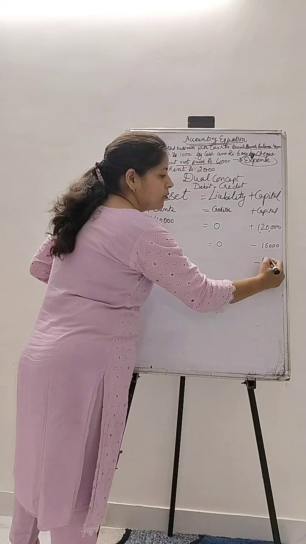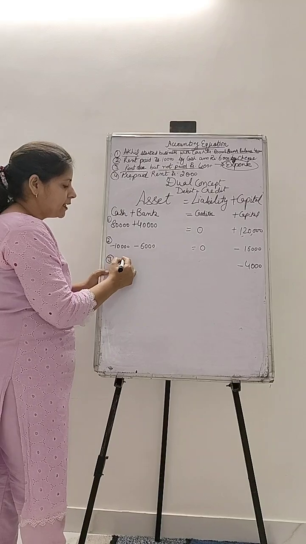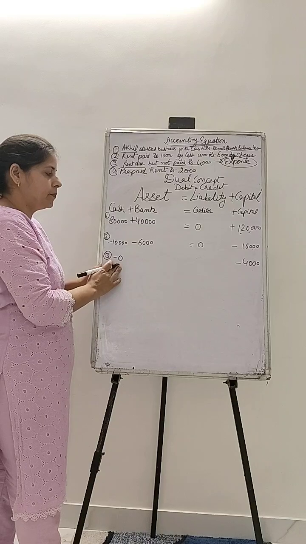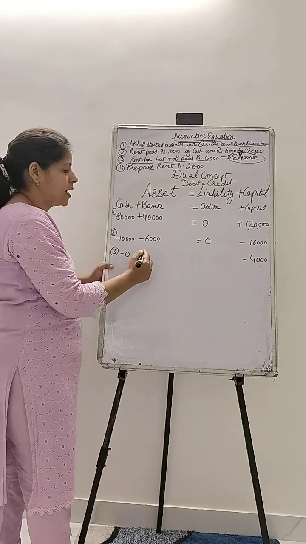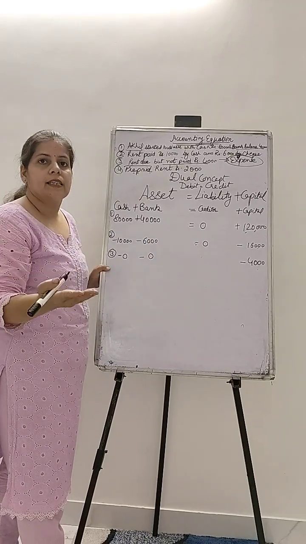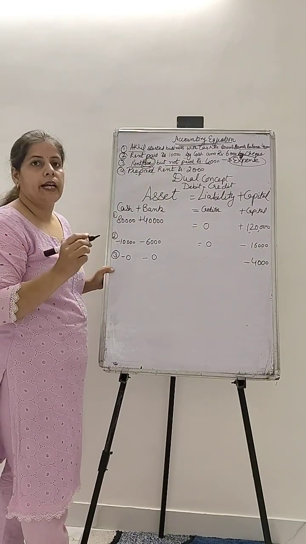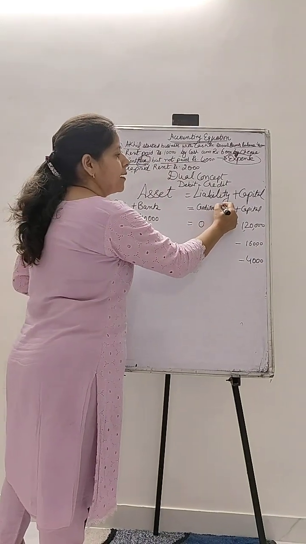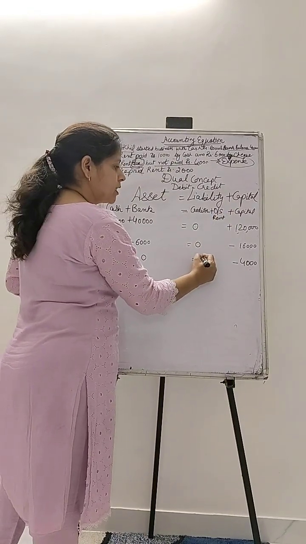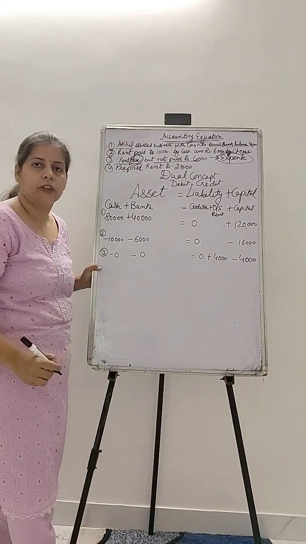So 4,000 which was an expense should be deducted from capital, but nothing has been paid, so nothing is deductible from cash, nothing is deductible from bank balance, but somebody is there to whom we still have to make the payment of the rent. That would become the liability of the business. So there is no change in creditors, but there is outstanding rent of rupees 4,000.